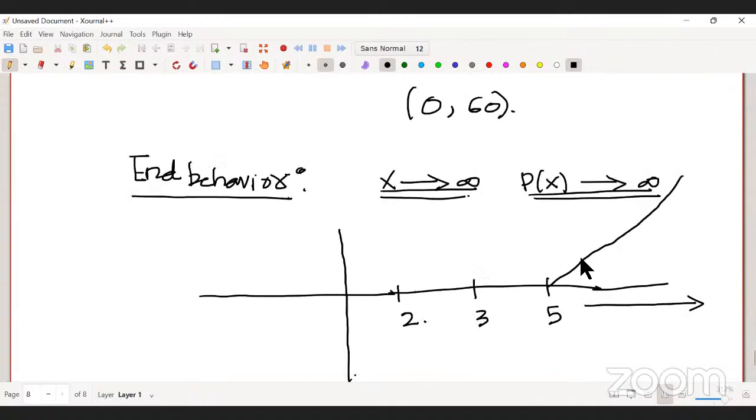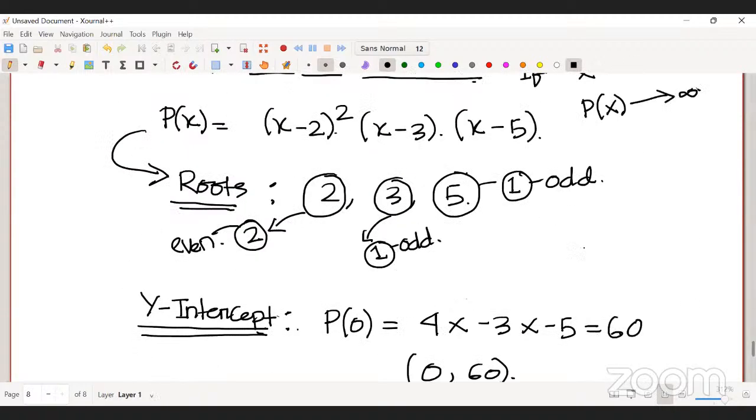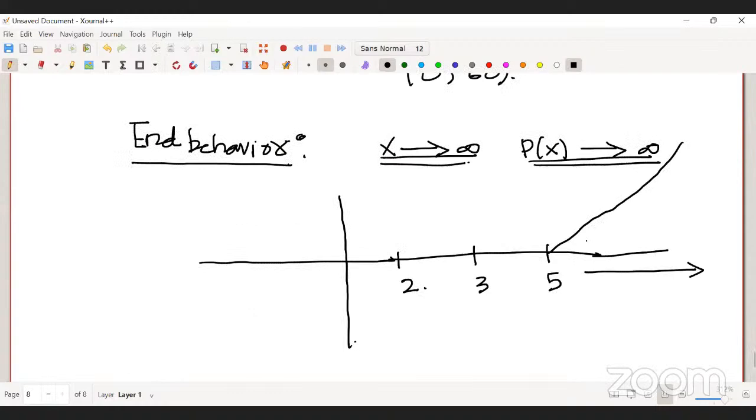But you don't know whether this graph will cross the x-axis or reflect back from the x-axis. For that, we need to check the multiplicity of the root 5, which is odd. Since the multiplicity of 5 is odd, it will cross the x-axis and come back to 3.